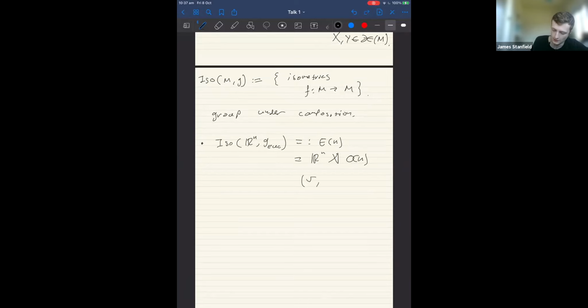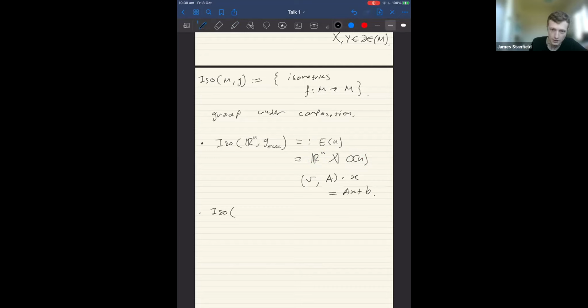So I take some vector b in Rn, and I take some A in O(n). So these are the orthogonal matrices, and they act on some x by Ax plus b. Okay, so this is the rotations and reflections, which comes from the O(n) factor, and translations, right? So we can shift Rn and it preserves the Euclidean metric, okay? So this is all the isometries of Rn.